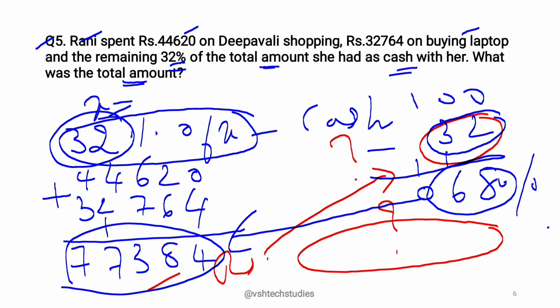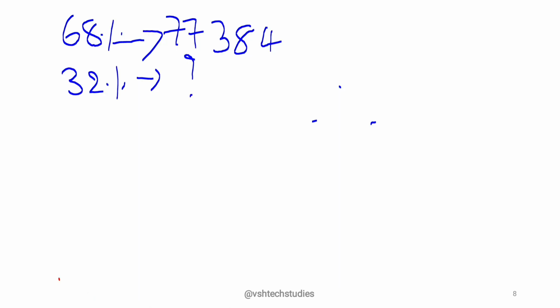So for the next part of the solution, what we have to do? 68% is 77,384, then 32% means how much? Then add 32% of X and 77,384, and we will get the total amount that Rani had.